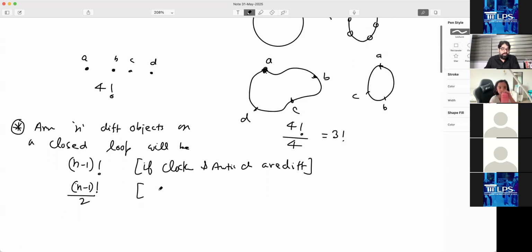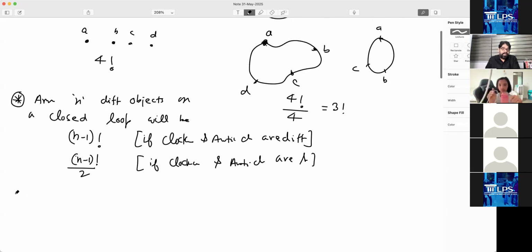So that is the case if clockwise and anti-clockwise are same. And another condition is this one.